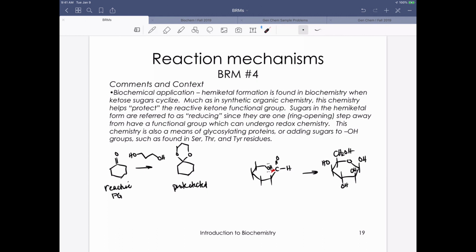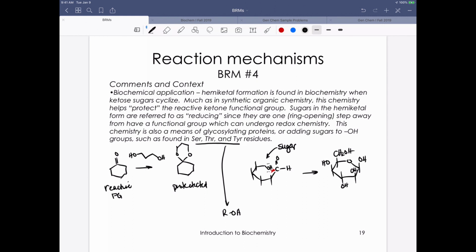One other thing to highlight is that we have other potential sources of OH groups. So again, a biochemical application is maybe one of the OH groups comes from a sugar. Another is that we can have an OH group come from serine, threonine, or tyrosine residues, which all have an OH group on their side chain.